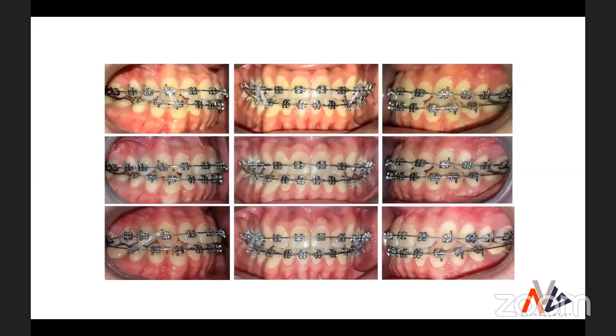The next question is from Dr. Arun Bosco. Would there be any change in mandibular body length if the Pseudo Class 3 is left untreated? If the Pseudo Class 3 has developed, usually they have to be corrected at a very early growing stage.